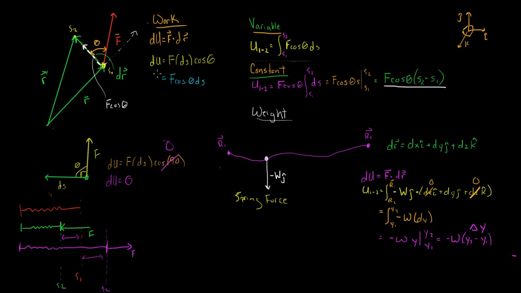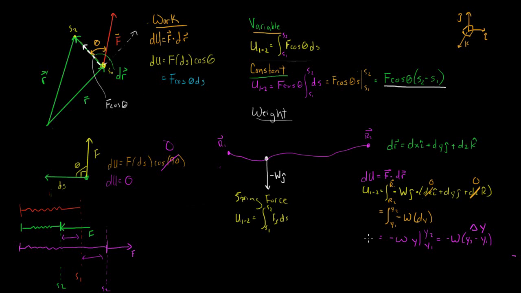And if we take a look at this equation right here, and we do what we did with the other types of forces, we integrate both sides. So we're going to have the spring force U1 to 2 is going to be equal to the distance the spring is stretched times the force on the spring times the displacement of the spring.